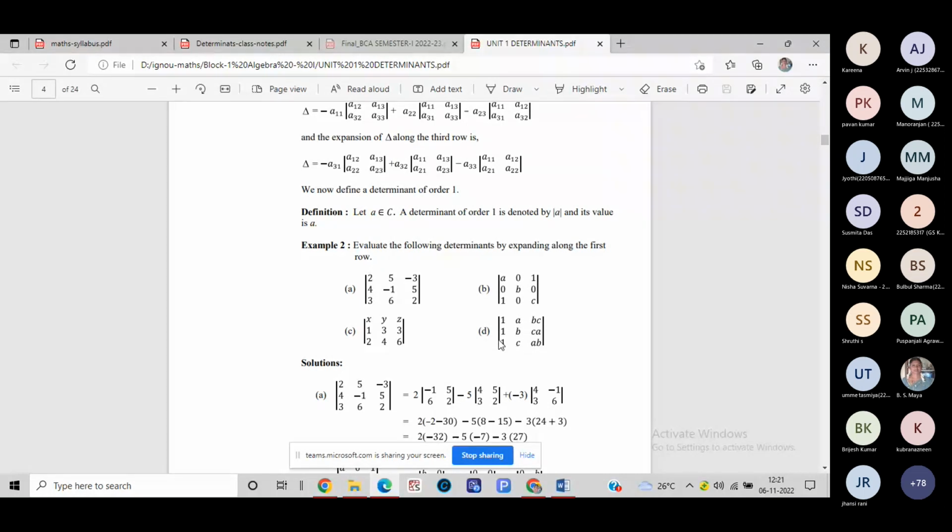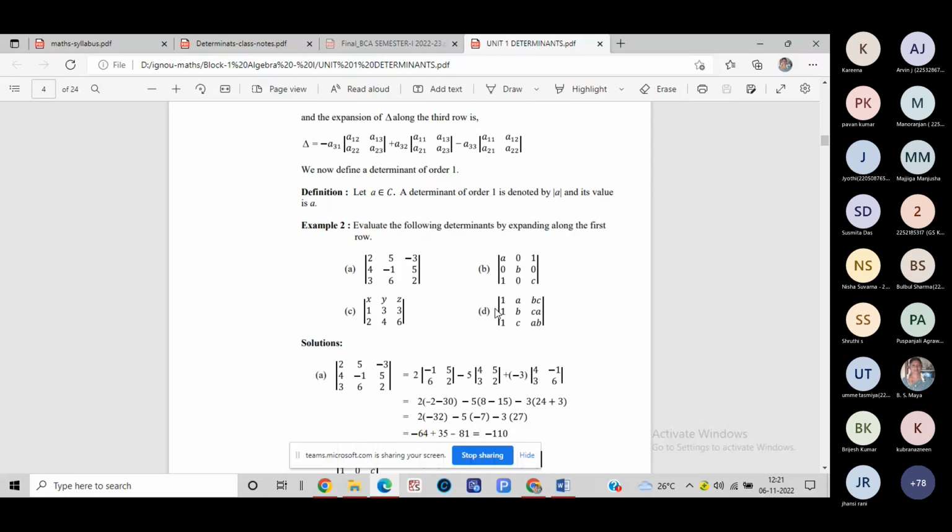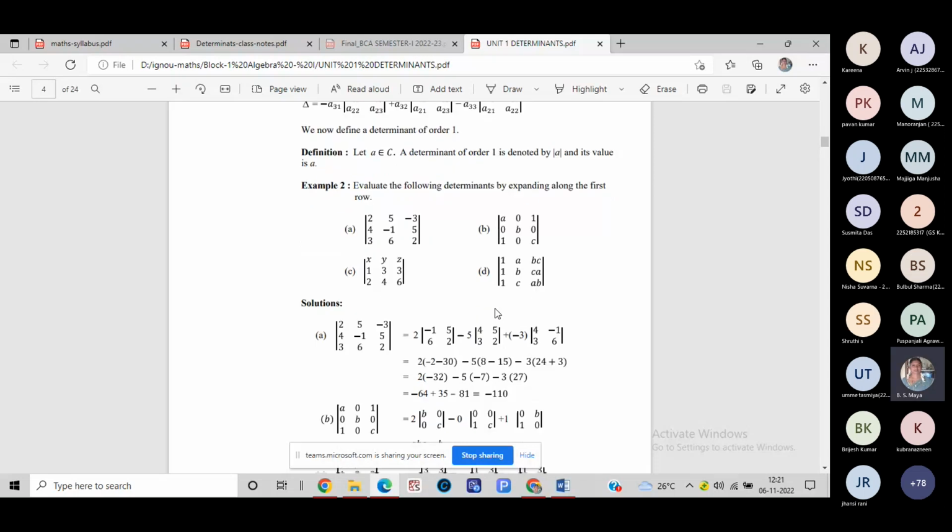ABC minus B, the answer will come. I got only one answer. What about others? ABC minus B. Just catch it easily, you don't need to multiply.